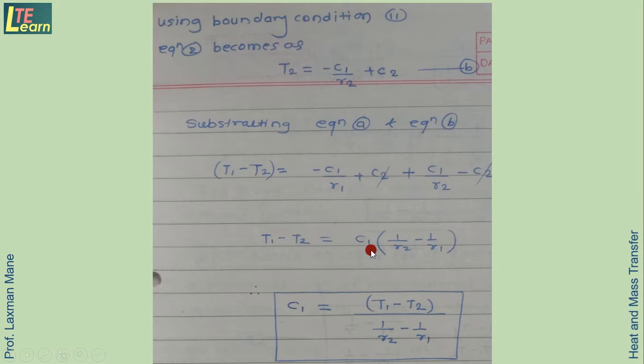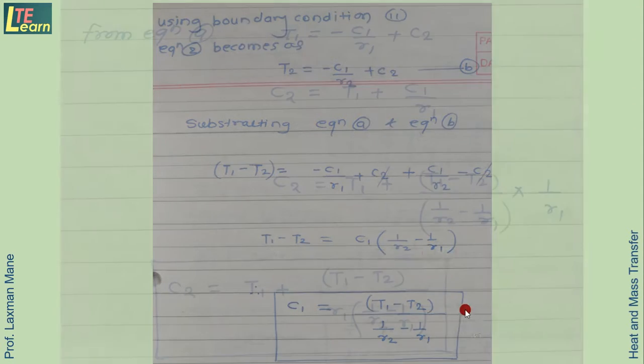So we find this term C1 as a common term, with inside the bracket 1 upon R2 minus 1 upon R1. So arranging the equation in the form of C1, we find this equation.